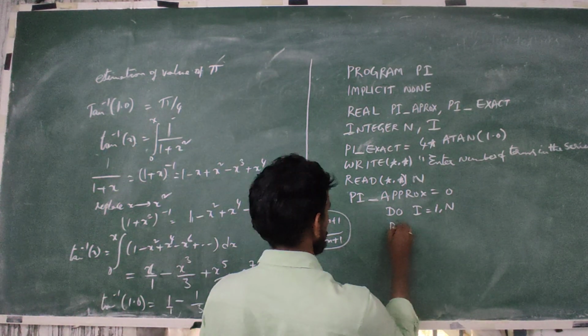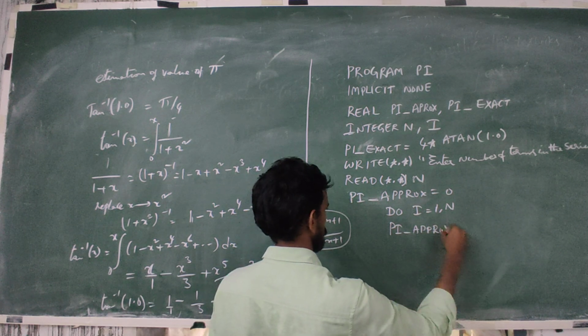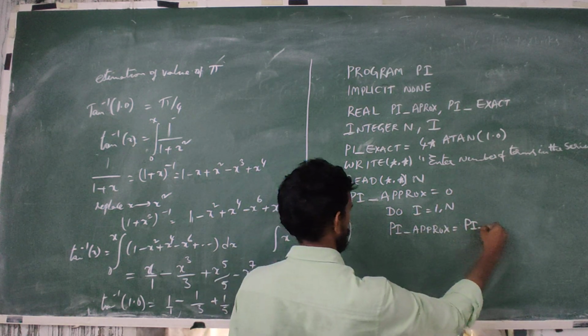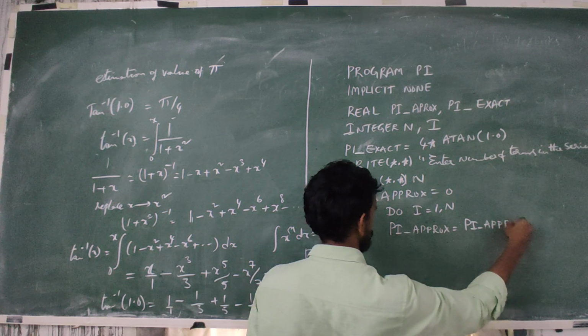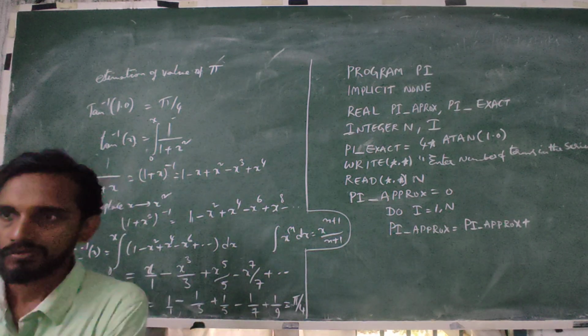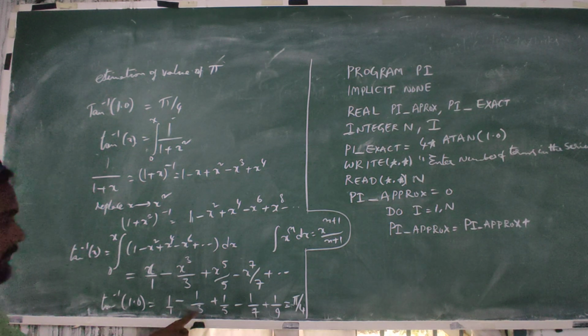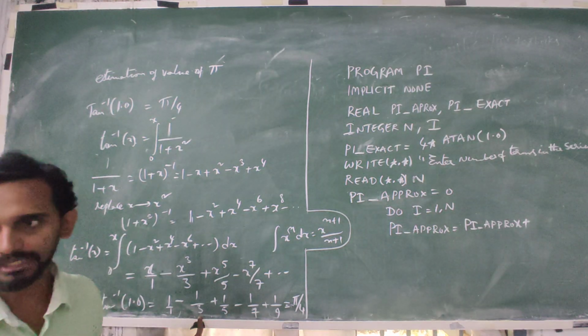Pi approximation is equal to, should we add, so when I is equal to an odd number we should have plus sign. When I is an even number we should get negative sign.